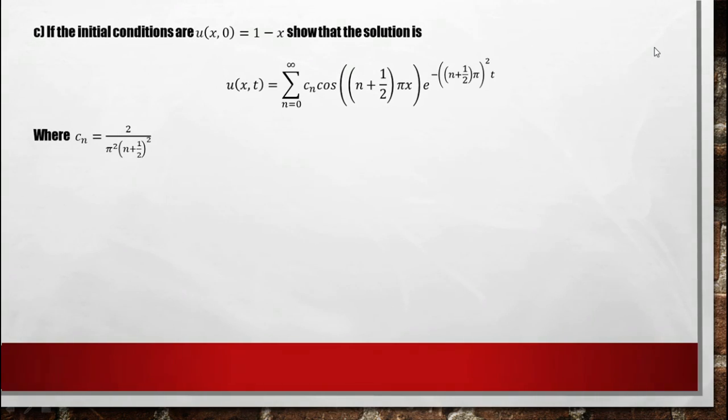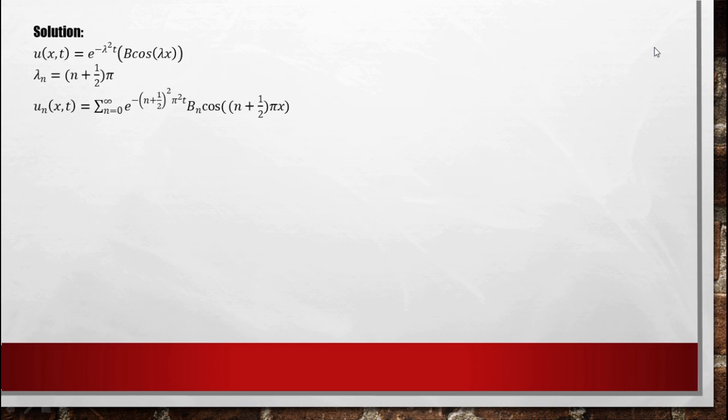The solution is u(x,t) = e^(-λ²t) b cos λx. The λn is (n + 1/2)π. So the un(x,t) is the summation from n = 0 to infinity of e^(-(n + 1/2)²π²t) bn cos((n + 1/2)πx).